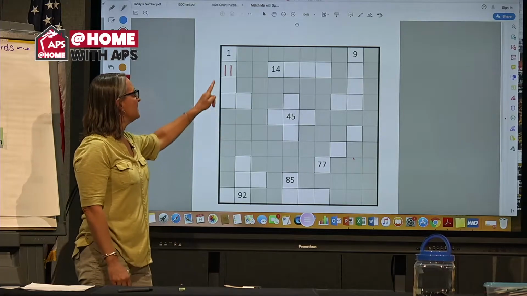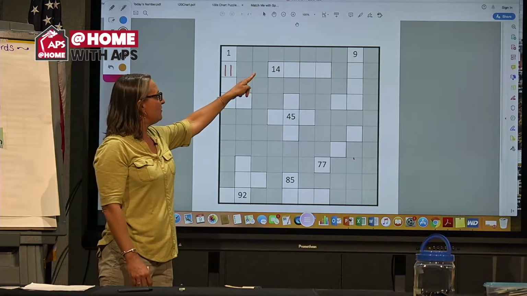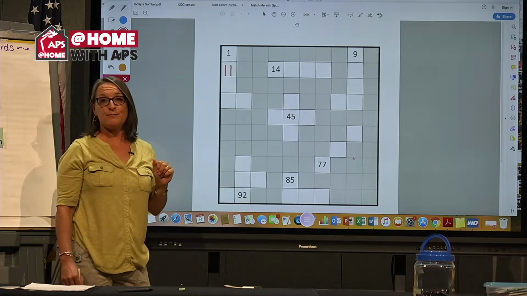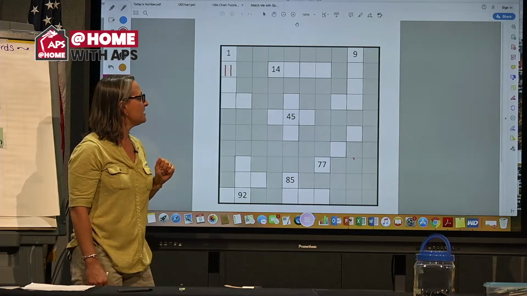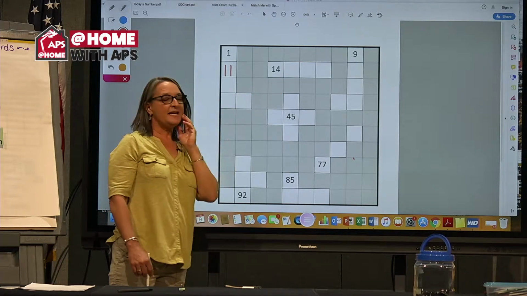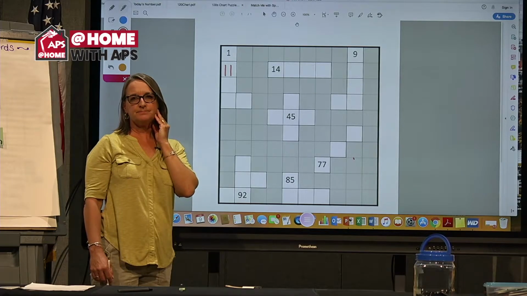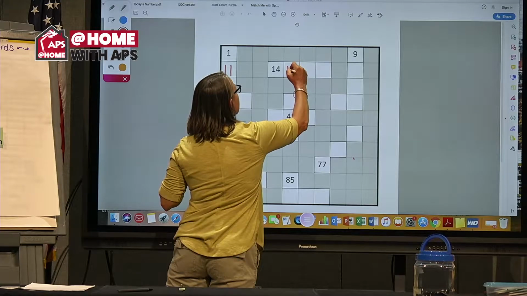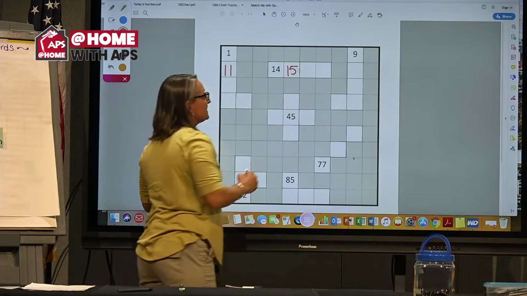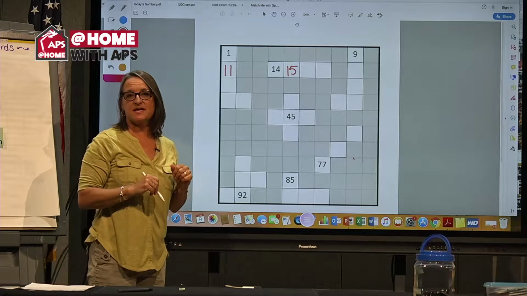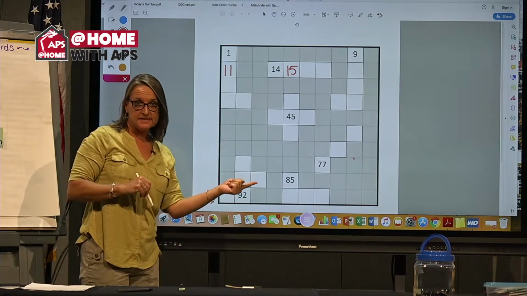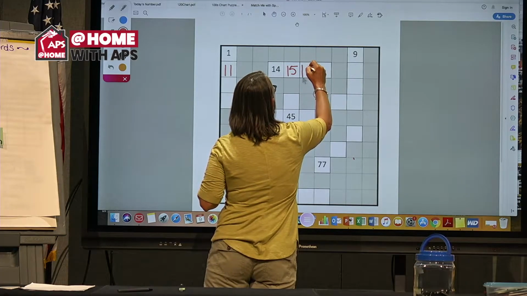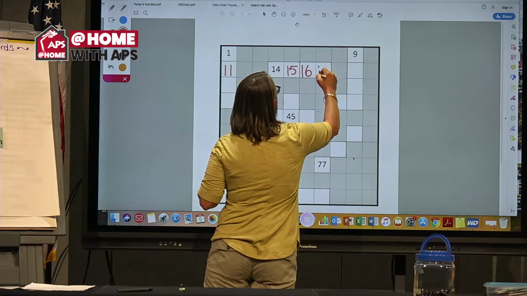So let's check. 11, 12, 13, 14. We were right. 11 is the number that belongs there in that first box. So what number comes right after 14? That's right, 15. And we can keep counting to fill in these next two boxes, can't we? 16, 17. It's kind of like our alternate counting where we started counting at different places.